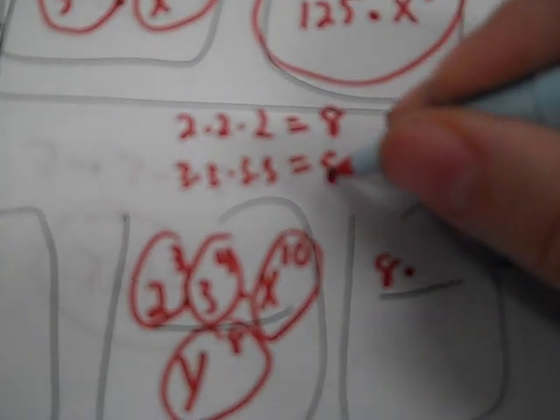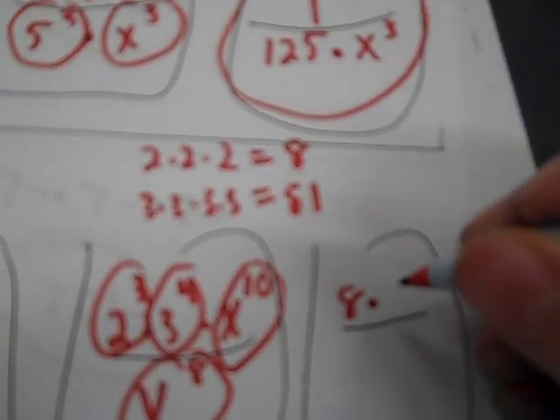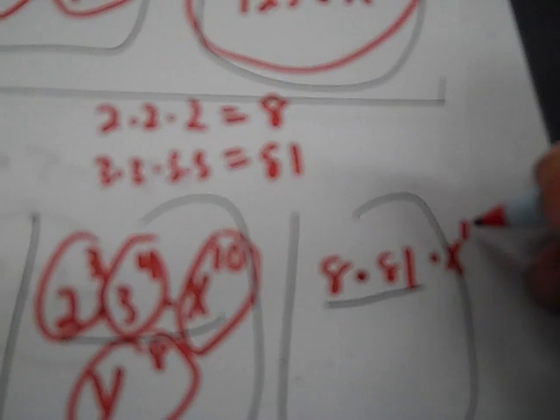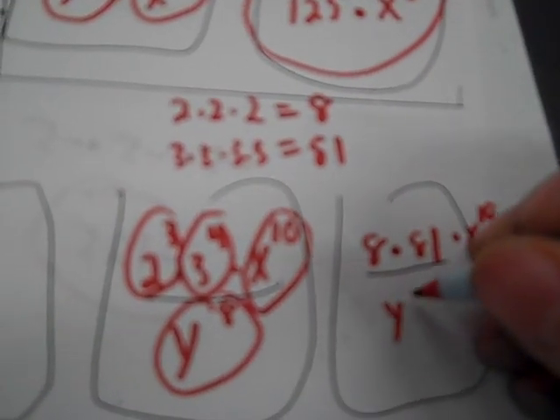3 to the 4th, that'd be 3 times 3 times 3 times 3. Might need a calculator for that probably. That's 81. Okay, so 3 to the 4th now turns into the number 81. And then you write times x to the 10th, and then y to the 8th down here. Now don't just leave 8 and 81.